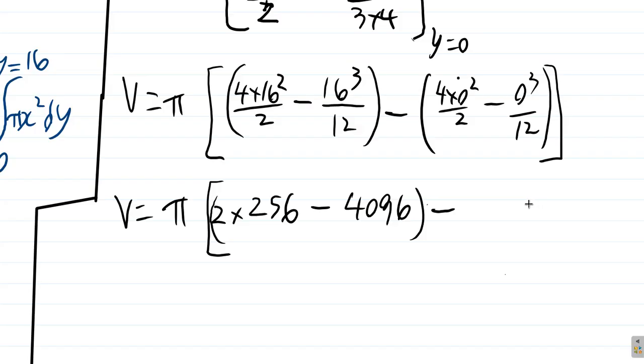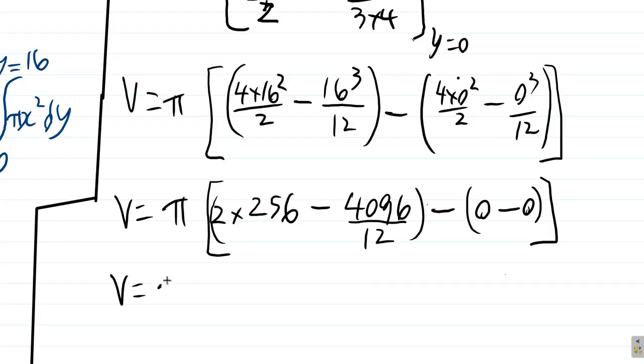Minus. Now, what do you get for this part? Oh, over 12, right? What do you get for this part? Well, 0 squared is 0, 4 times 0 is 0, 0 over 2 is 0. Minus 0 cubed is 0, 0 over 12 is 0. So we don't have to worry too much about that part. Everything goes to 0.